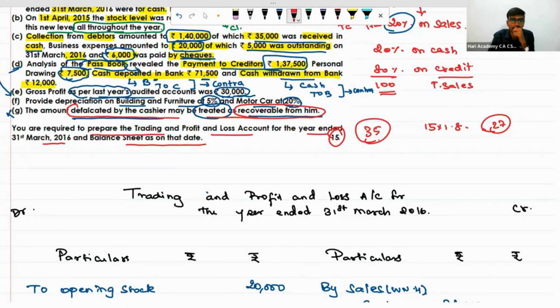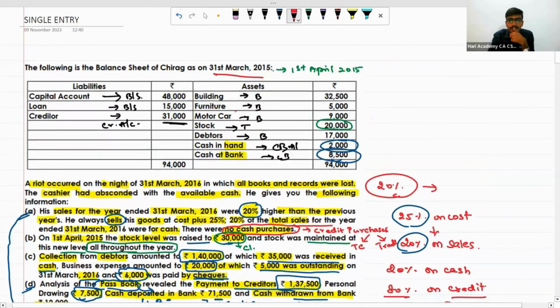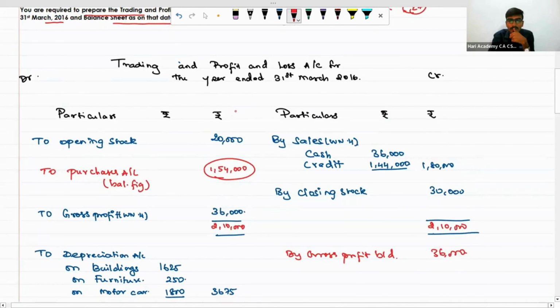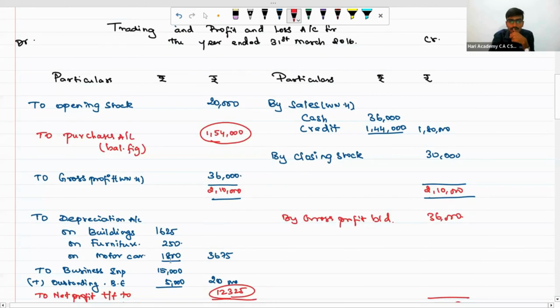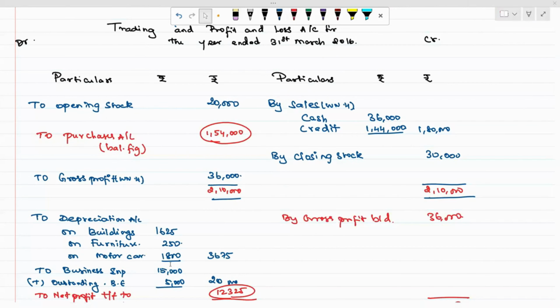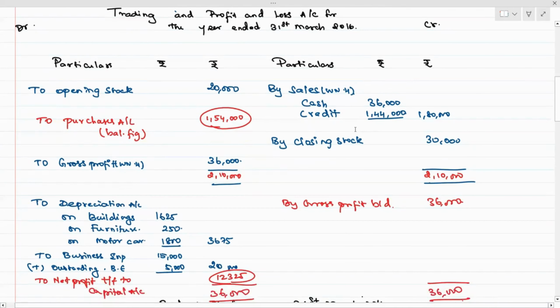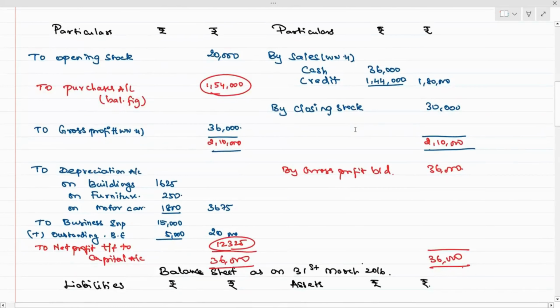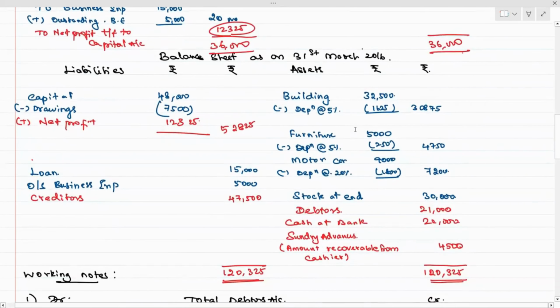So with this, the first question is done. If anybody wants, you can take a screenshot of it. First, take the trading account. Next, take the balance sheet.